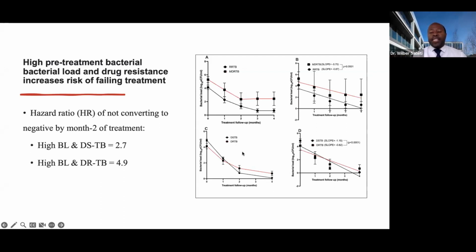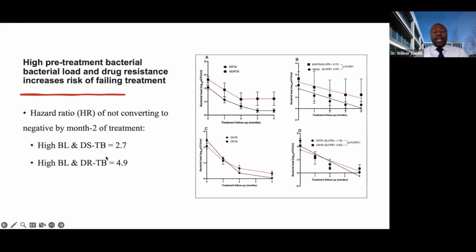And what we see here is that the drug-susceptible TB starts with a very high bacterial load, higher than the drug-resistant TB, but by week 2 of treatment, it has overtaken the drug-resistant TB in terms of response to treatment. So, meaning that the drug-susceptible bacteria are cleared faster than the drug-resistant TB bacteria.